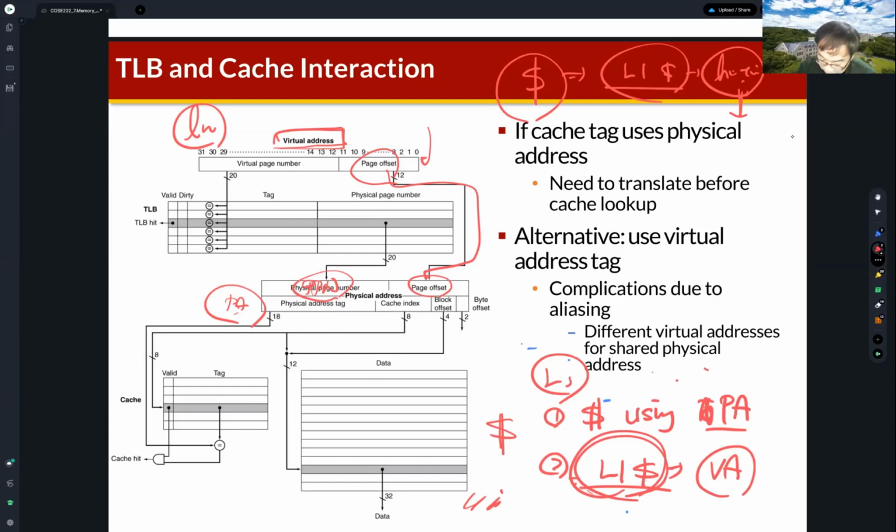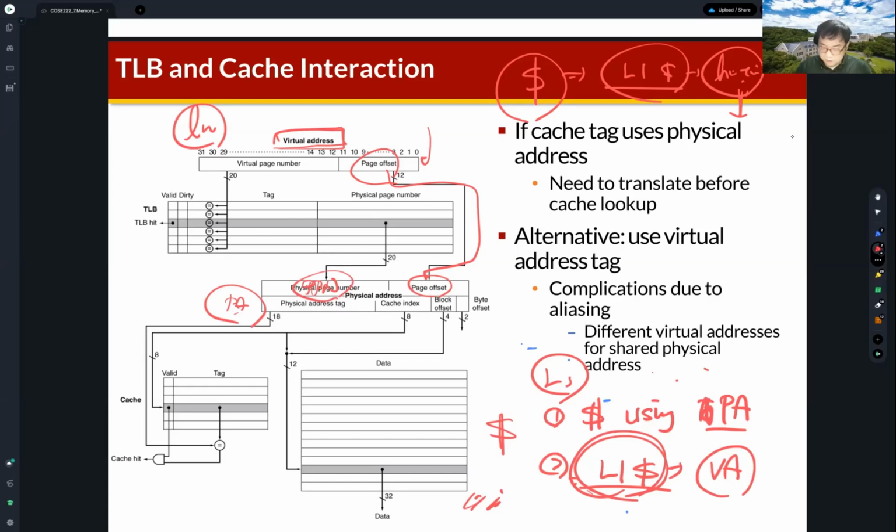So these are some issues of virtual memory systems. But most processors support virtual addresses, and there are many benefits. The software can be provided a large virtual memory space. Even though it's a fake memory space, when we write the code, we don't need to consider memory management issues.